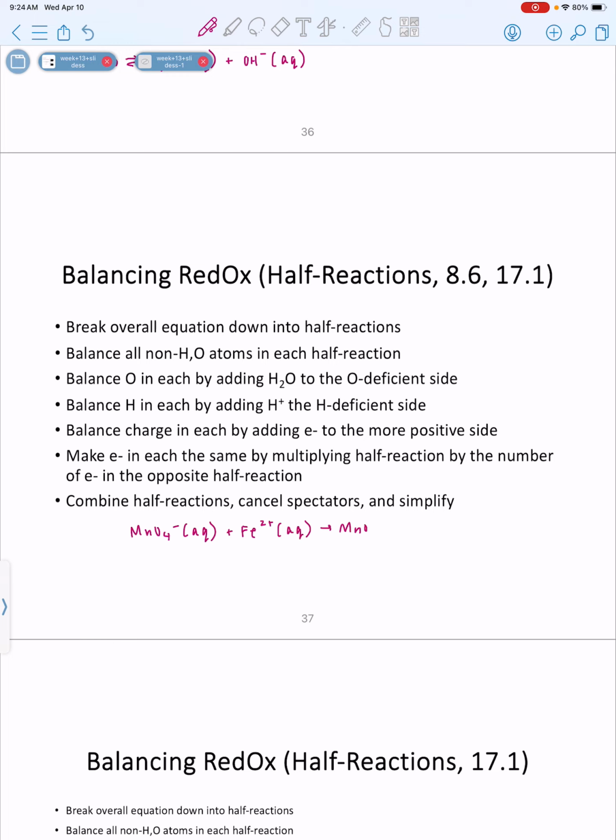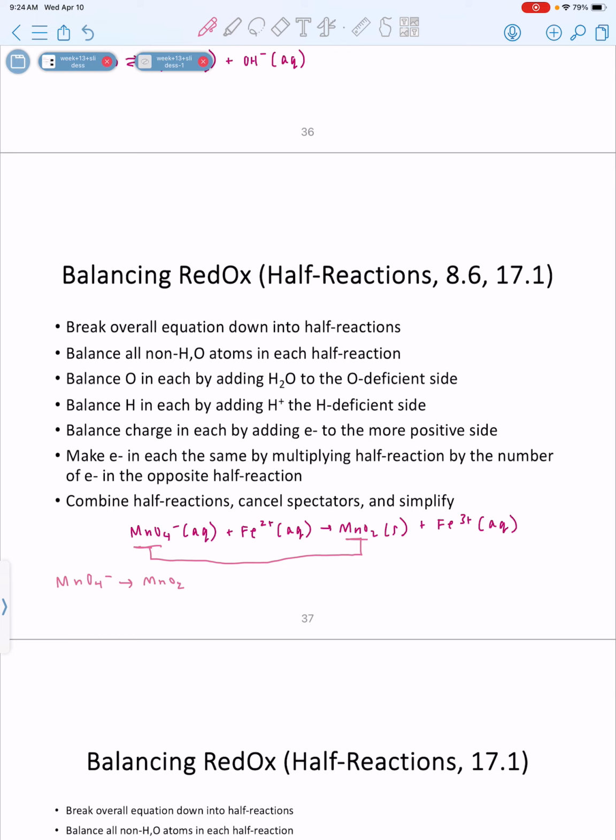So the first thing I need to do is separate this into 2 half reactions that allows us to keep track of our parts. So what we should identify is the fact that in order to balance anything with manganese, I have to have manganese species in one of my half reactions. Those things have to go together. And in order to figure out what's going on with iron, these two have to go together as well.